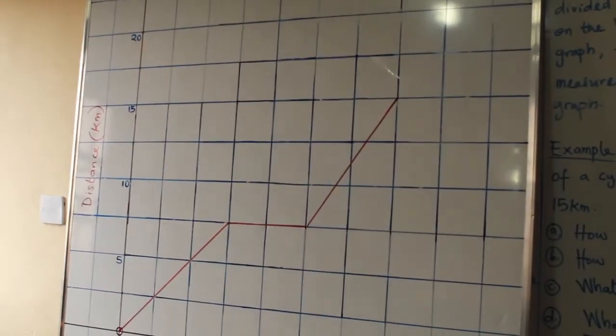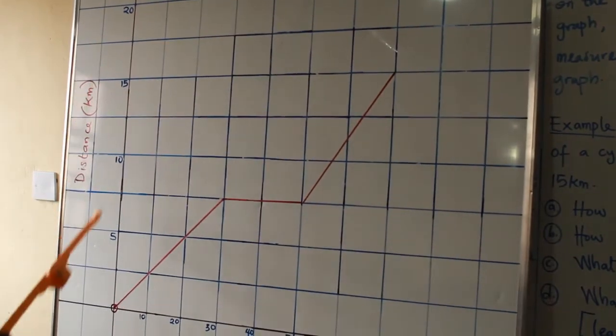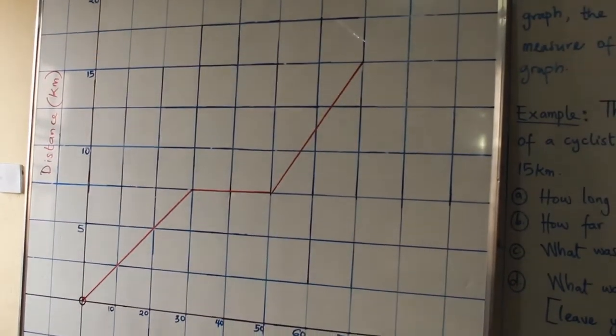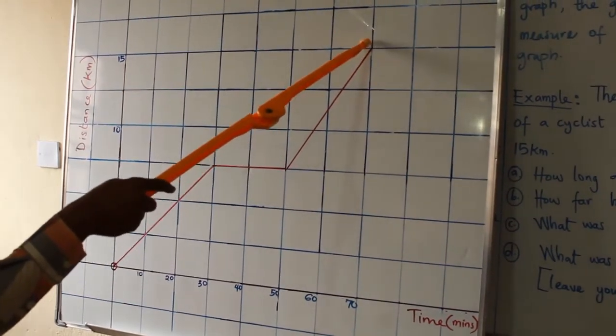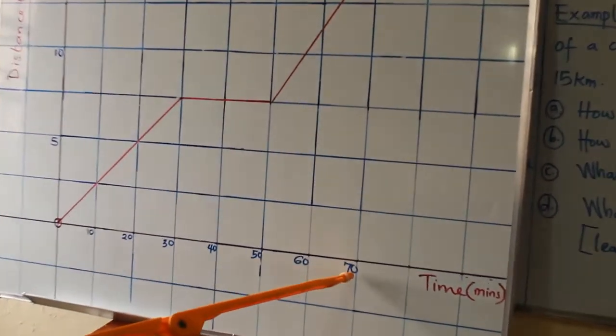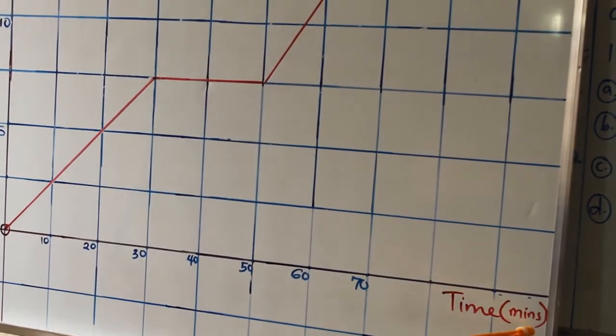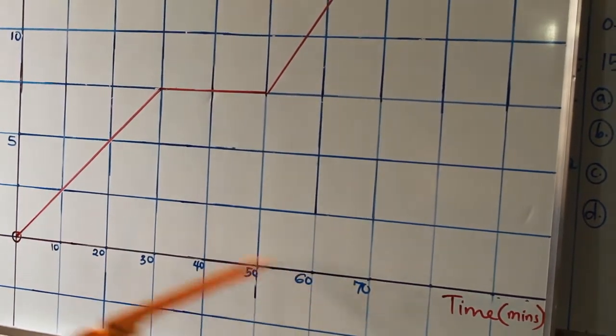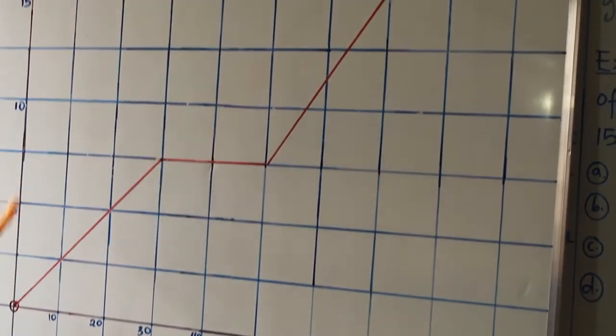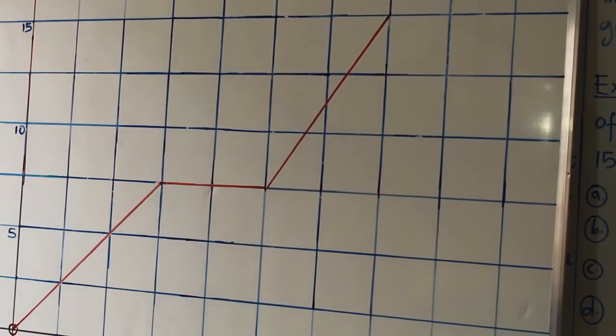This is the axis for distance, and this is the axis for time. The journey ended at this point. Tracing it down, this is 70 minutes. So it means it took the cyclist 70 minutes to cover his journey of 15 kilometers.